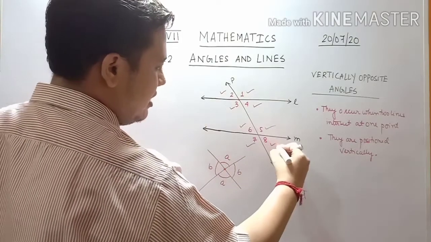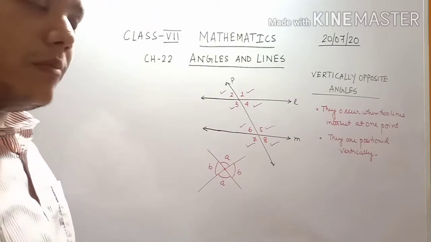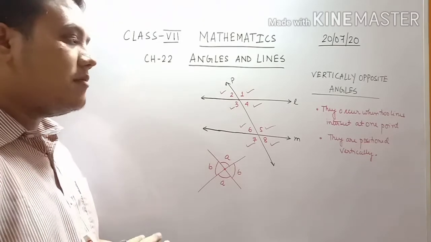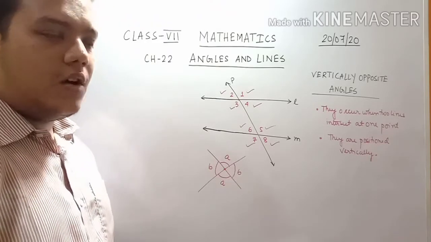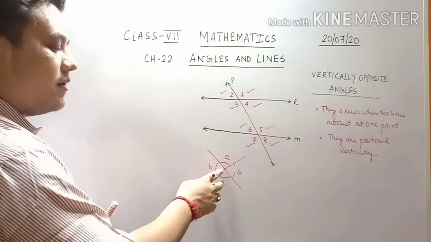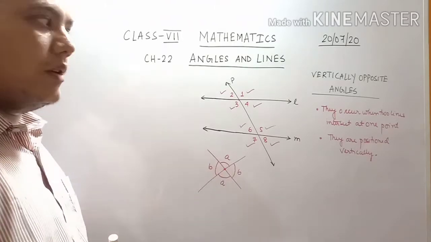Similarly, 6 and 8 are also vertically opposite angles. Now you need to remember, vertically opposite angles are always equal. It doesn't matter whether you have parallel lines or not. You can see in this diagram, these two lines are obviously not parallel because they have intersected at one point. Still, the vertically opposite angles are equal.